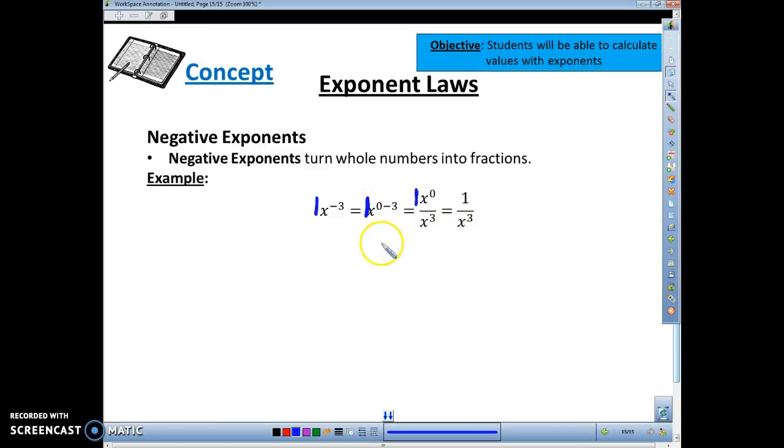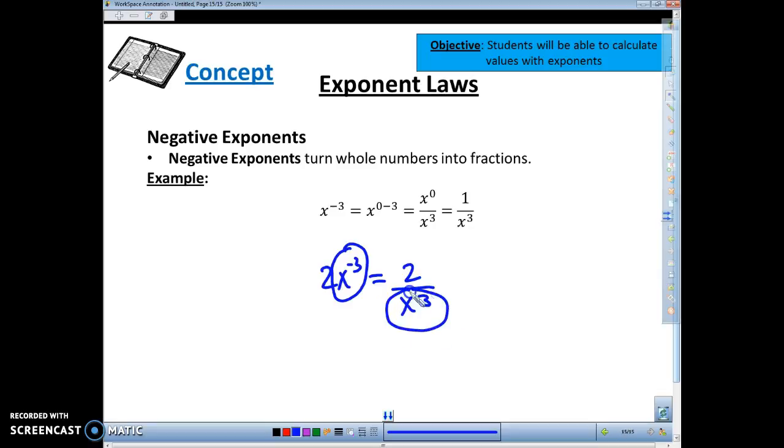If you had, say, 2 times x to the negative 3rd power, this would be equal to 2 over x to the 3rd power. Notice how my variable with the exponent attached goes into the denominator, and that the negative turns into a positive.